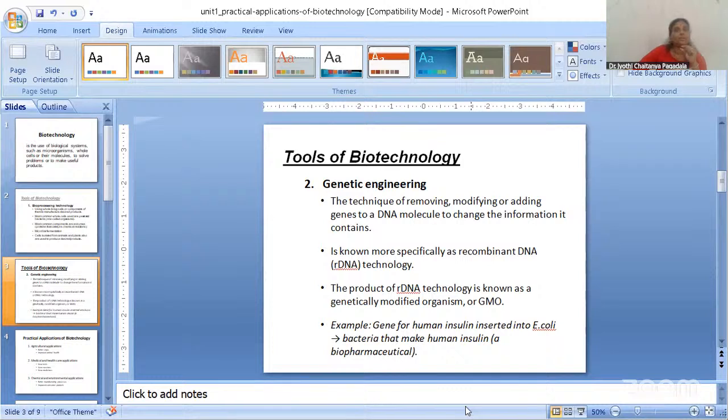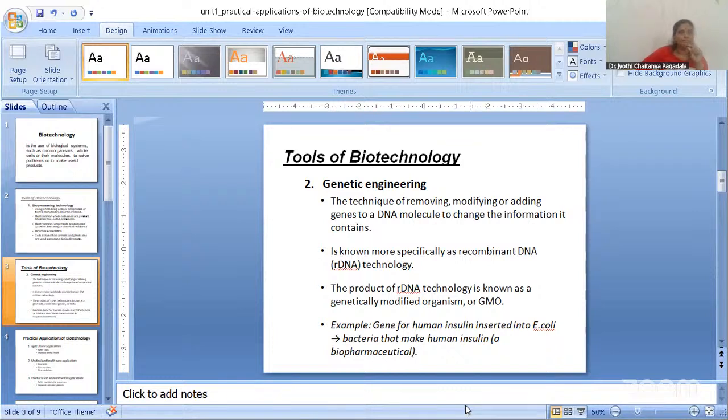Next, the agrobacterium tumefaciens mediated transformation. The sharing of DNA among living forms is well documented as a normal or natural phenomenon. For thousands of years, genes have moved from one organism to another organism.